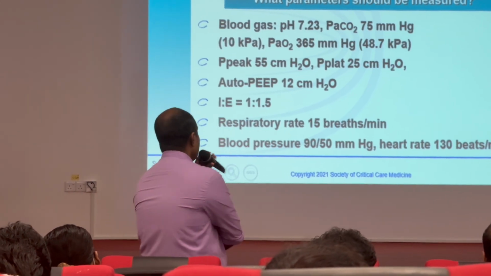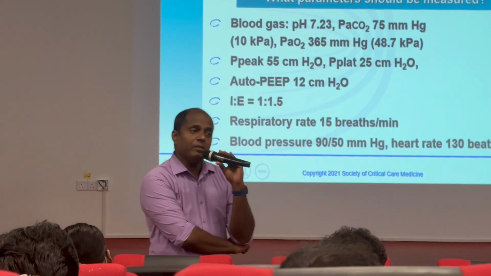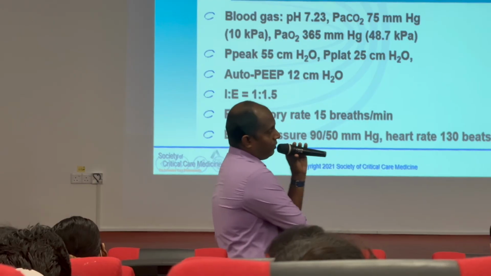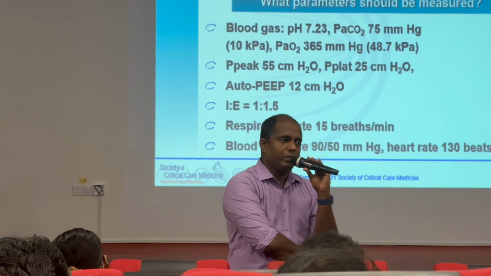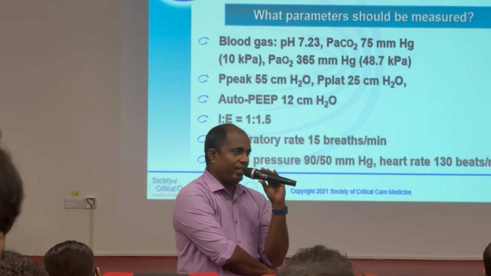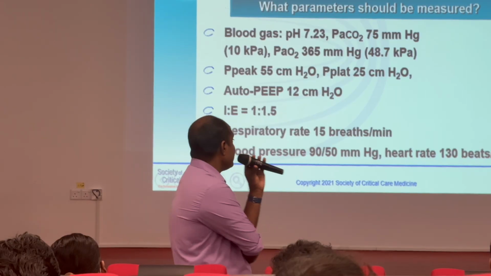That's the first thing. Second thing, sometimes you are ventilating without concern about the airway pressure. There may be a pneumothorax already developed. Tension pneumothorax about to happen, could be a catastrophe very soon.